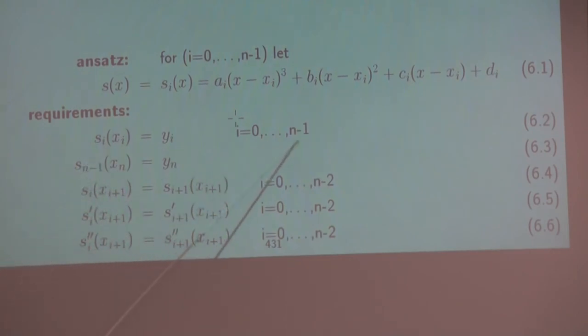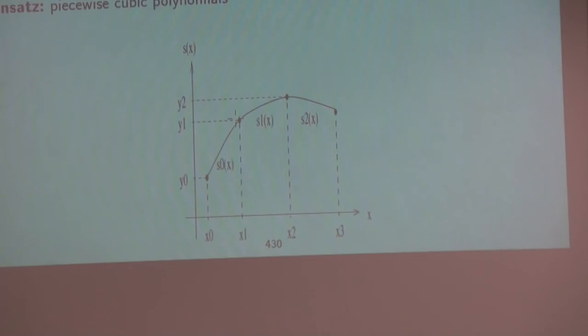For i equals 0 to n minus 1, we have the requirement the spline has to hit all the points. So Si of xi is equal to yi. This is the requirement, look, that this first spline has to hit this point. And the second spline has to hit this point.